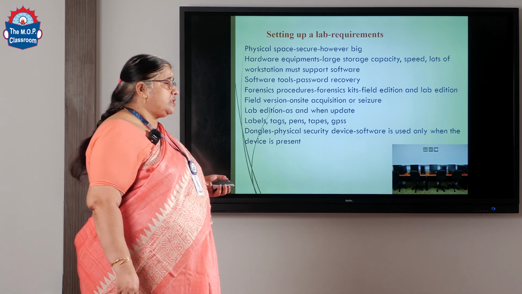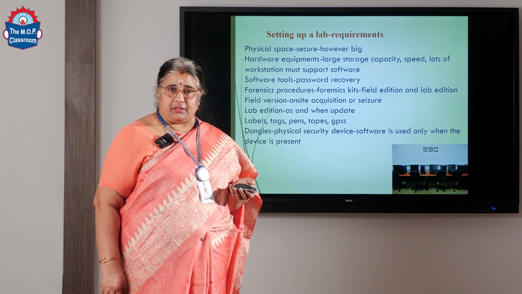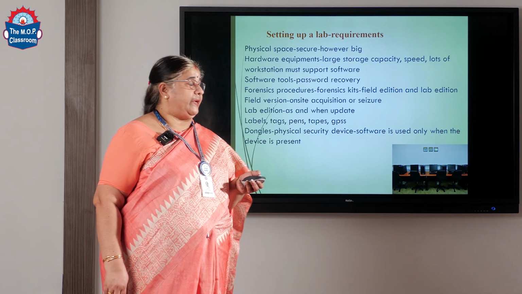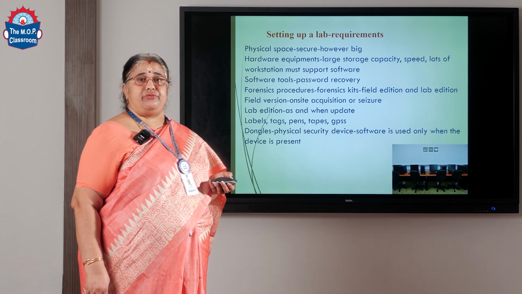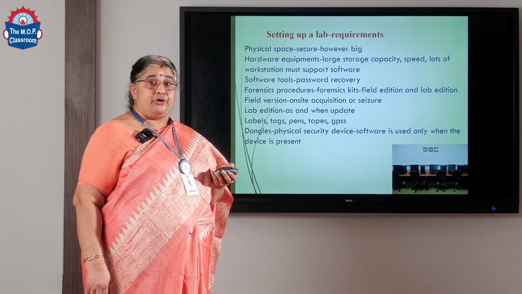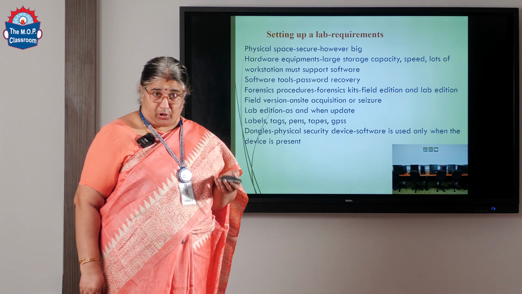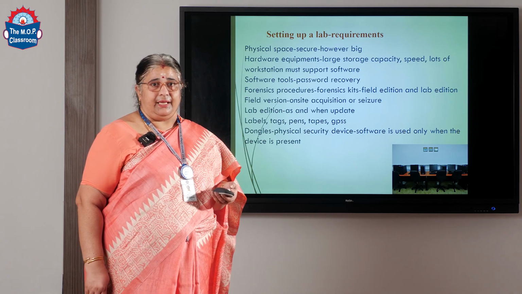The software tools will be there to recover passwords and to recover hidden information. There will be forensics procedures which will be using forensics kits. These forensics kits can be of two types. Field edition, which will be required on-site where the crime has happened, where the evidence might be collected.